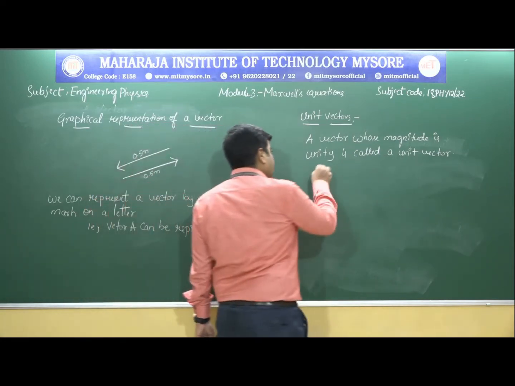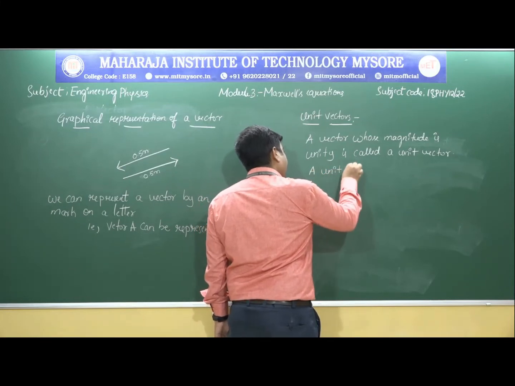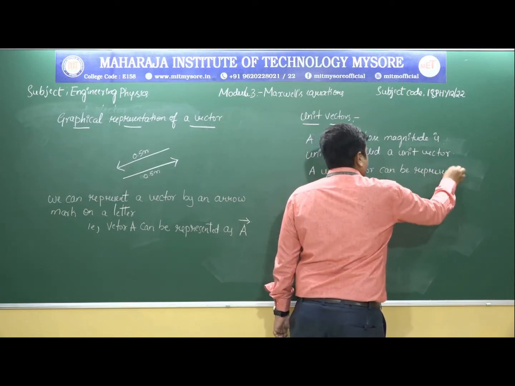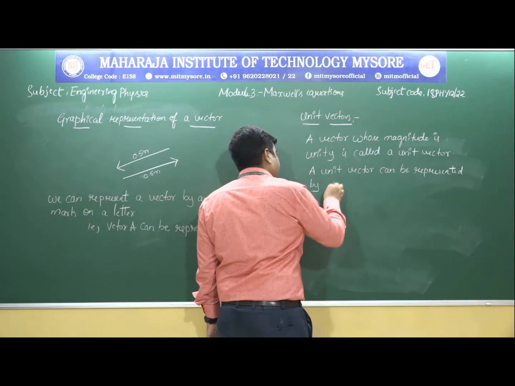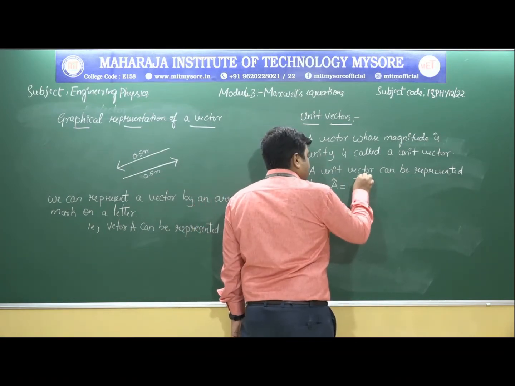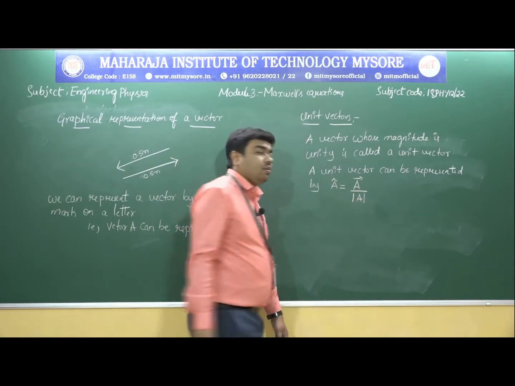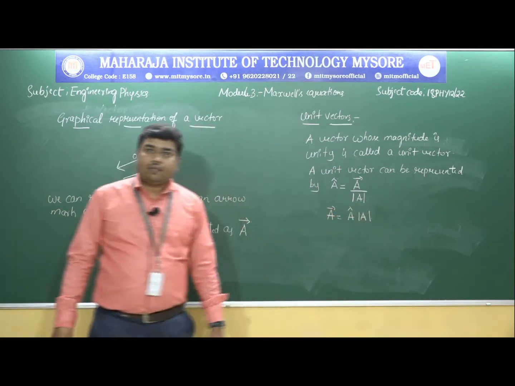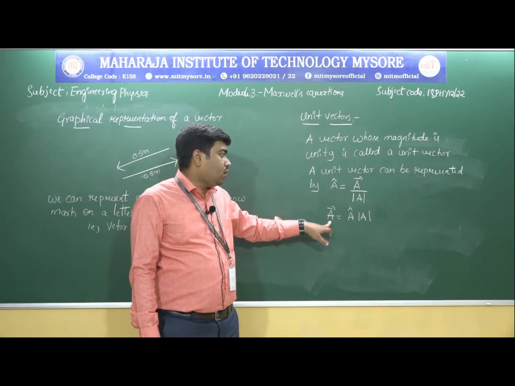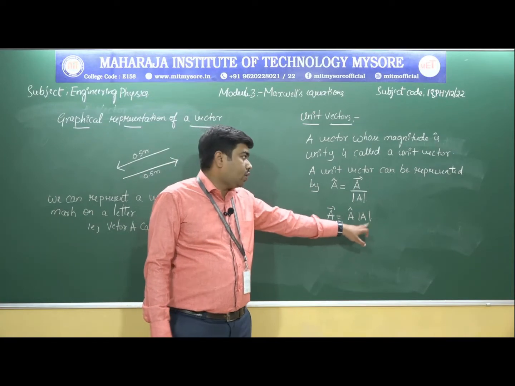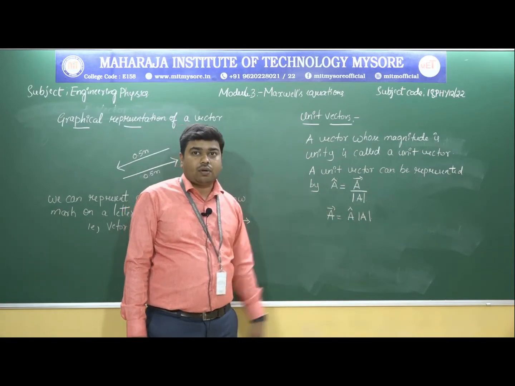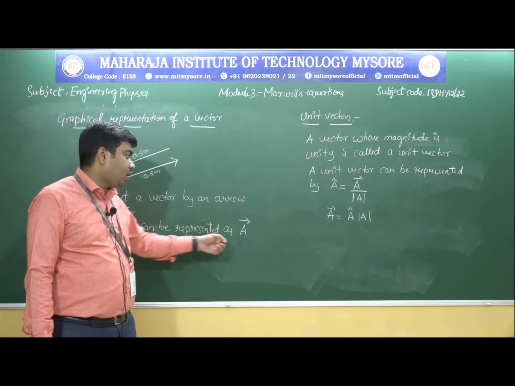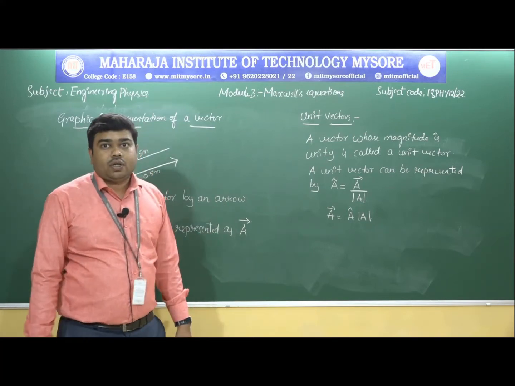A unit vector can be represented by vector A divided by magnitude of A. Vector A is equal to A cap into magnitude of A, or the unit vector A cap is equal to vector A divided by magnitude of A. So, this is how a vector can be graphically and mathematically represented, and the definition of a unit vector.